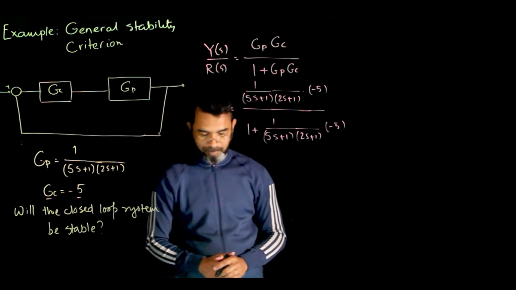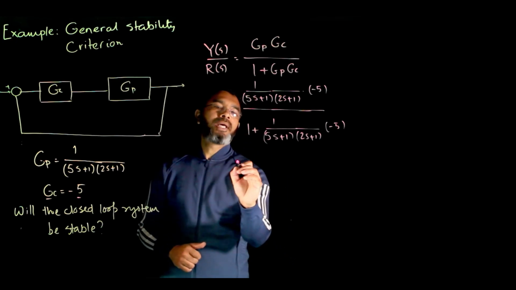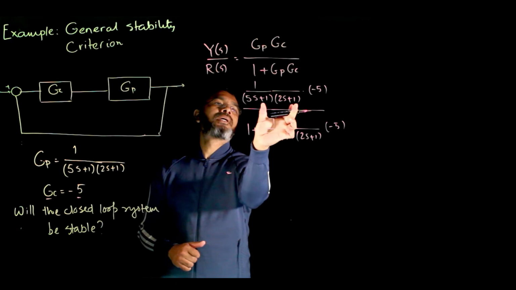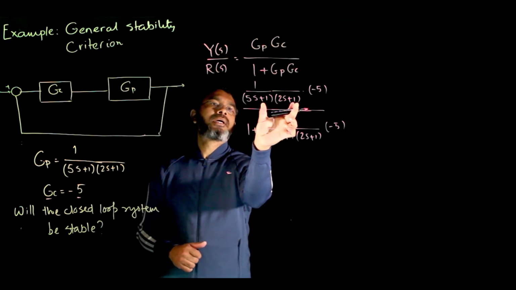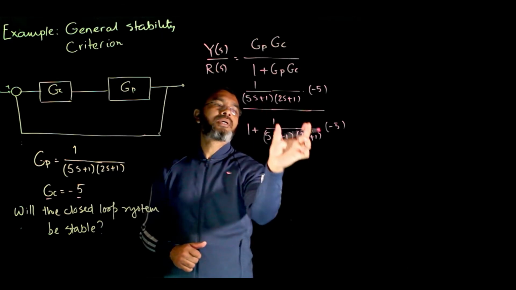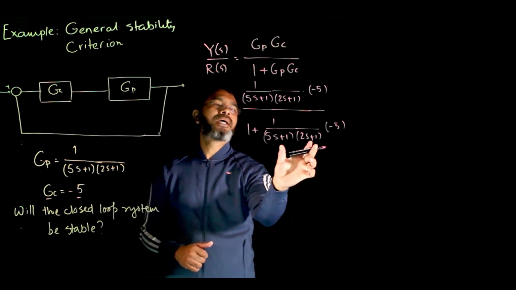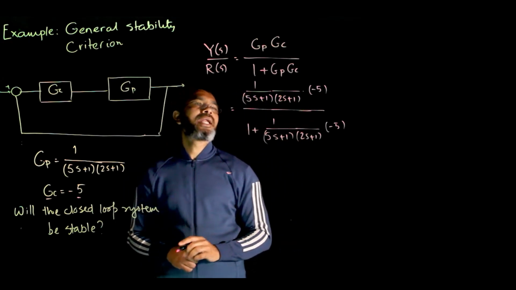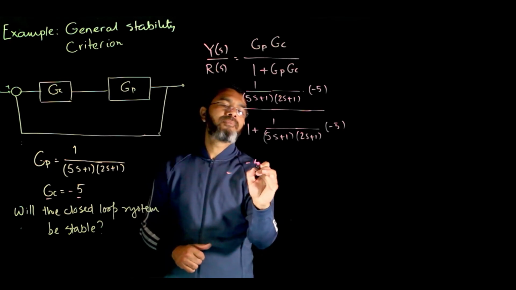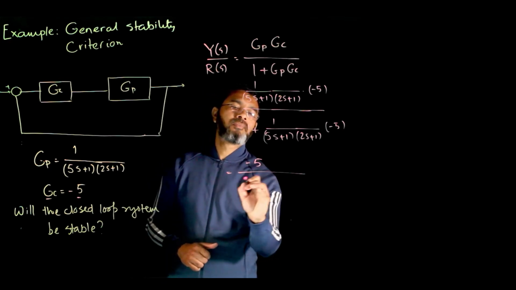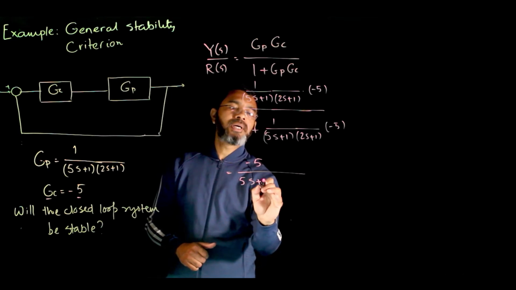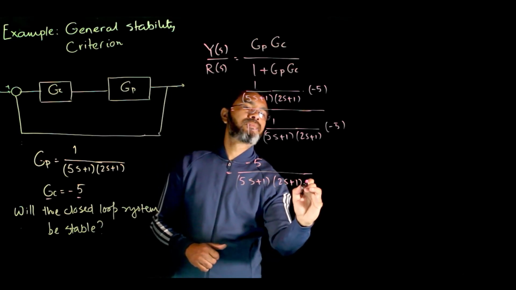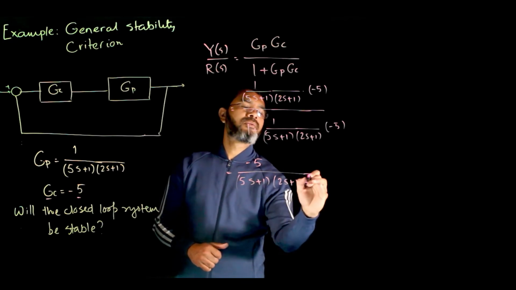Okay. If we simplify the model, the (5s plus 1)(2s plus 1) term will be in the denominator for both the numerator and the denominator. So we'll end up getting something like -5 over (5s plus 1)(2s plus 1) minus 5.